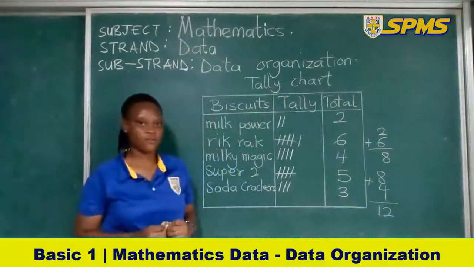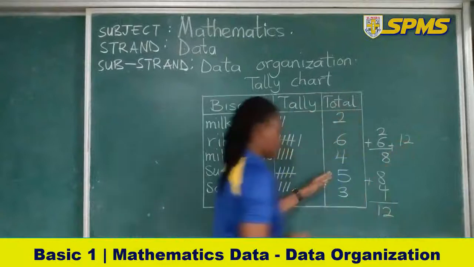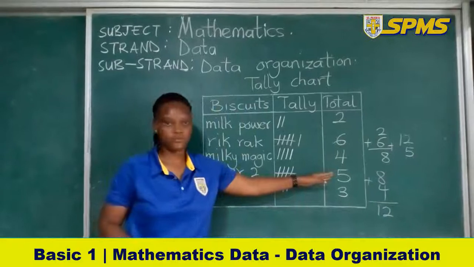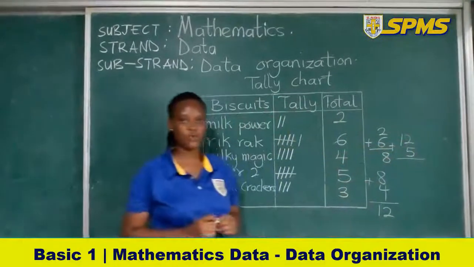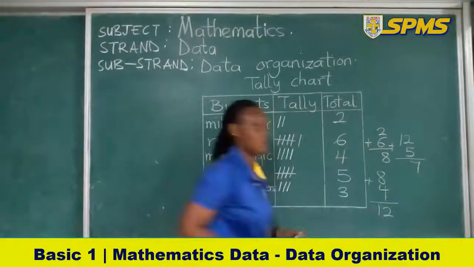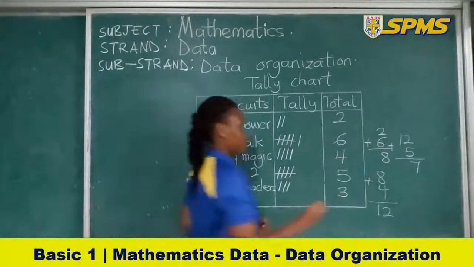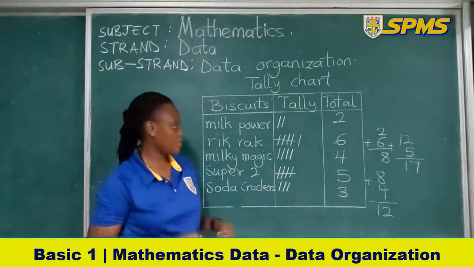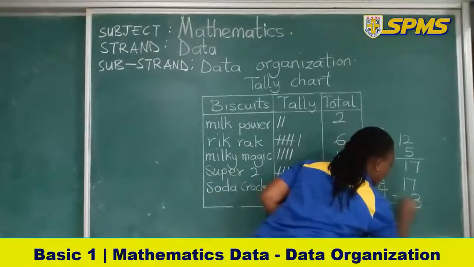12. Very good. So 12 plus 5. 5 plus 2, what do we have? 7. And then we have our 1, making 17. So 17 plus the last number we have there.